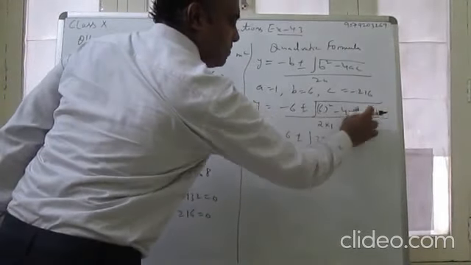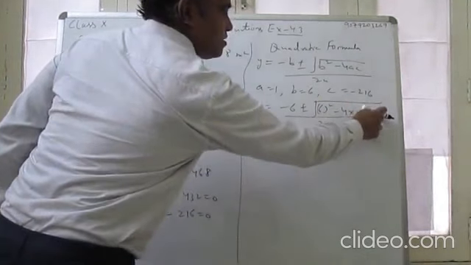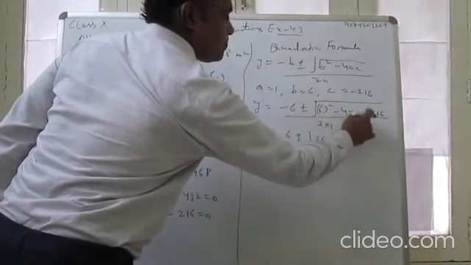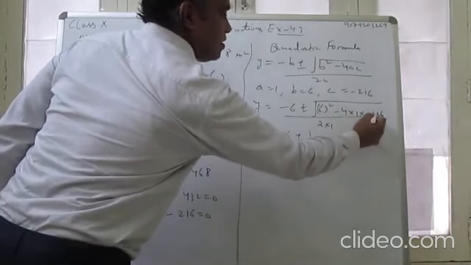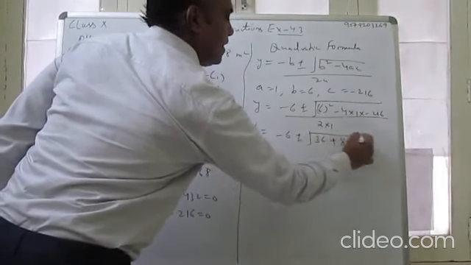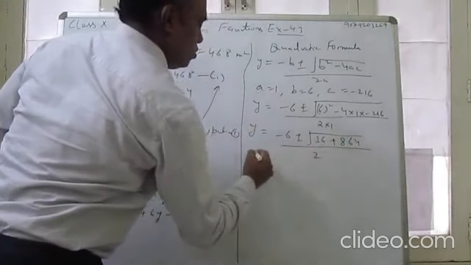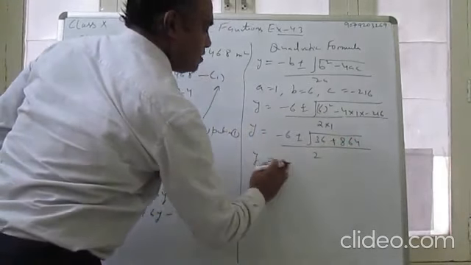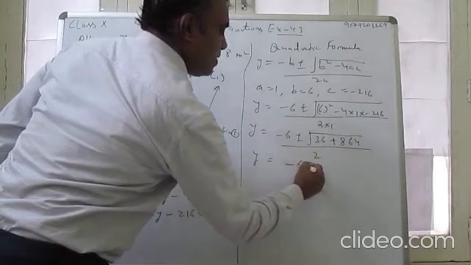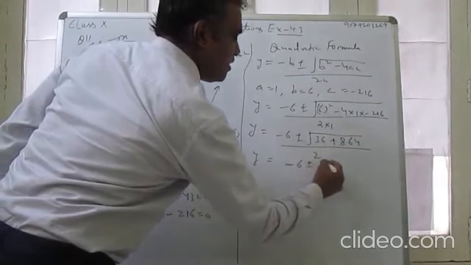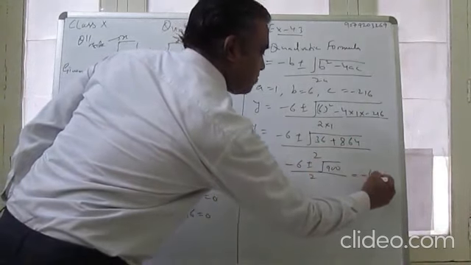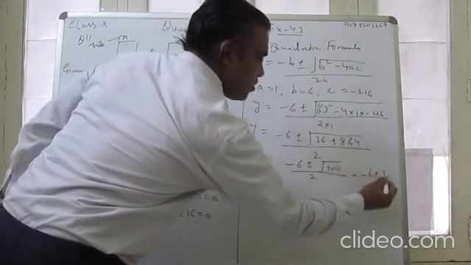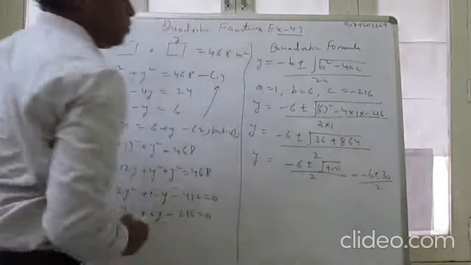Multiply this: minus minus plus, 4 6s are 24, 4 1s are 4, 864. So 36 plus 864 upon 2. So y is equal to minus 6 plus minus under root 900 upon 2, and this becomes minus 6 plus minus 30 upon 2.